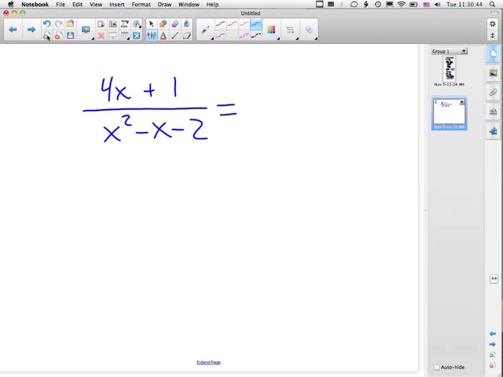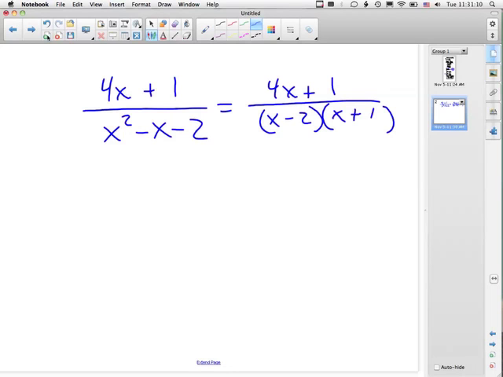Okay? We are going to assume that our answer is going to look like ax plus b. Oh wait, check that. First, we're going to break it down into a factored denominator. And we have x minus 2 and x plus 1, just like before. Okay.